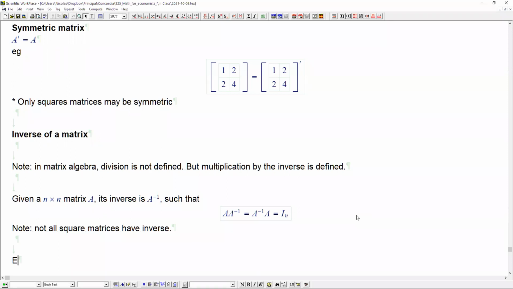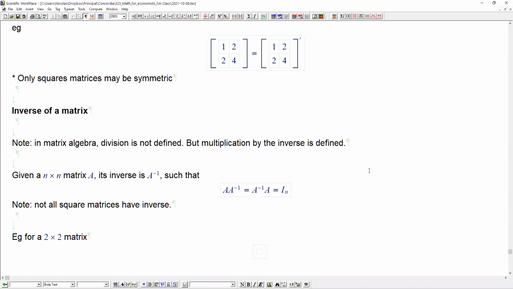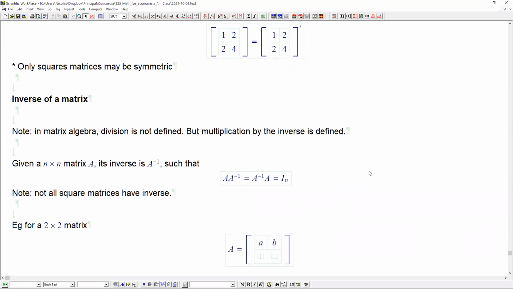So for a 2 by 2 matrix, if A equals A, B, C, D, then A minus 1 equals 1 over AD minus BC, which multiplies D, minus B, minus C, A.